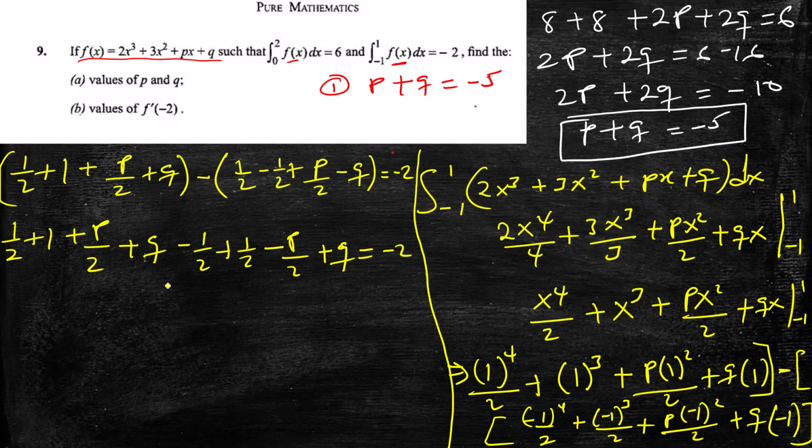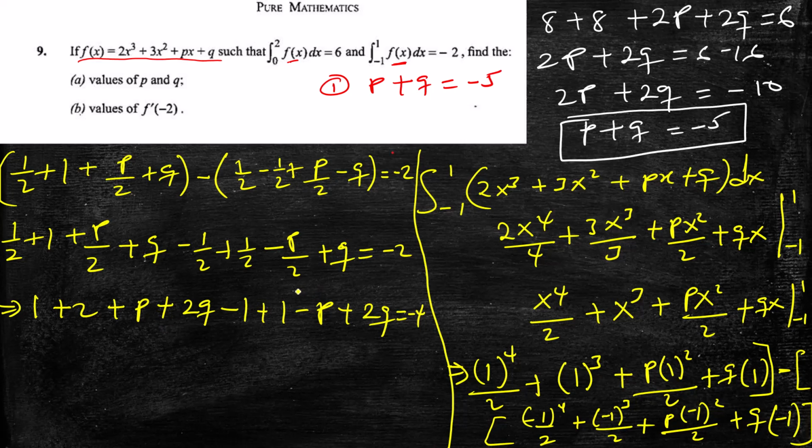So we can multiply through by 2 to make it linear. So 1 plus 2 plus p plus 2q, minus 1 plus 2 minus p plus 2q, equals -4.